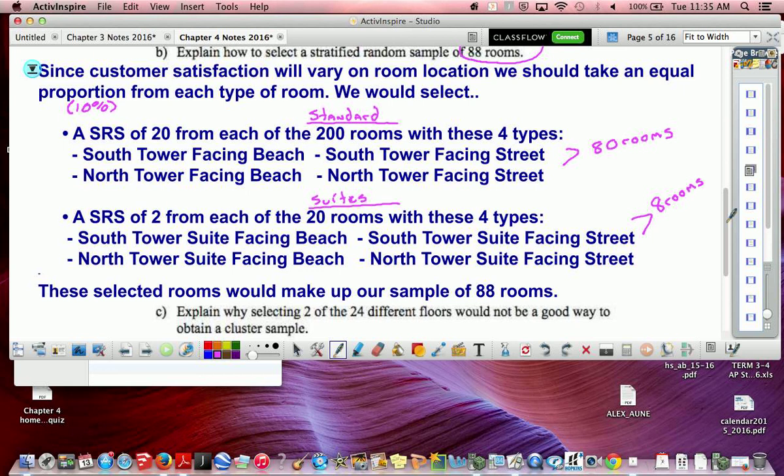Or I should say, is it 1 through 10, or is it 1 through 12 technically? I think it's 1 through 12, right? Yeah. So I assign each of the floors a number 1 through 24 and I randomly select 2 of the floors. Why would that not be a good way to obtain a cluster sample?